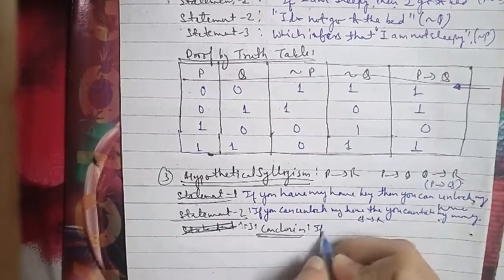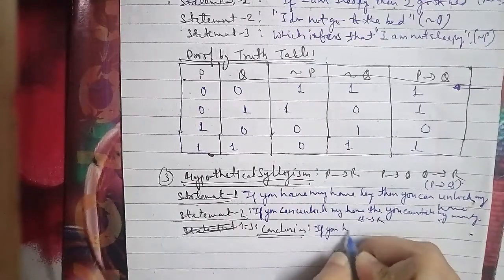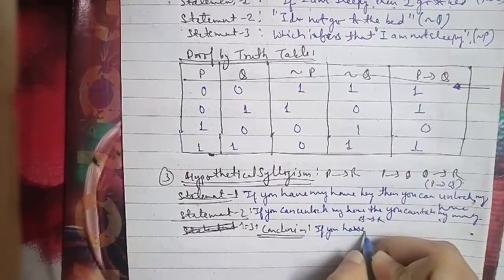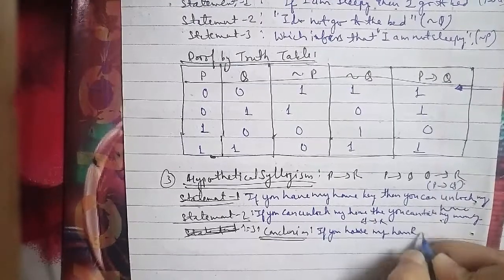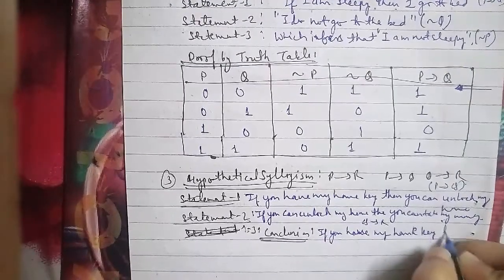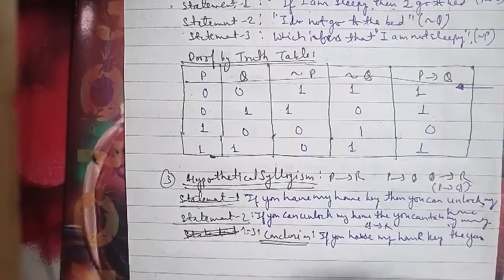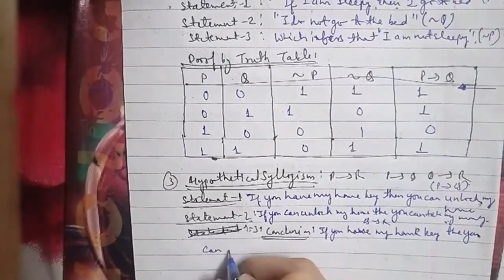Okay, so with the same references, we'll go ahead with the truth table, and then we'll go ahead with another one, that is disjunctive syllogism. Now we'll make a truth table.